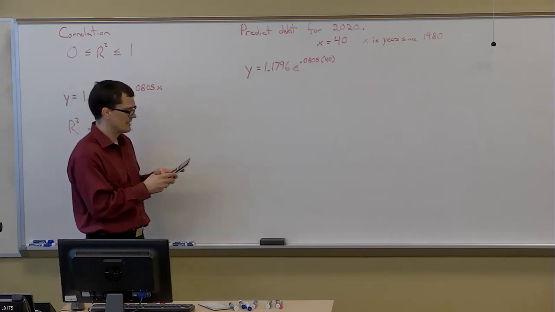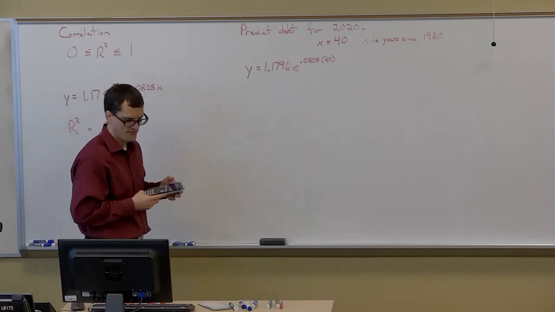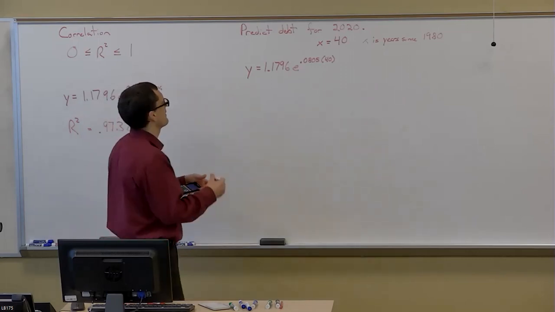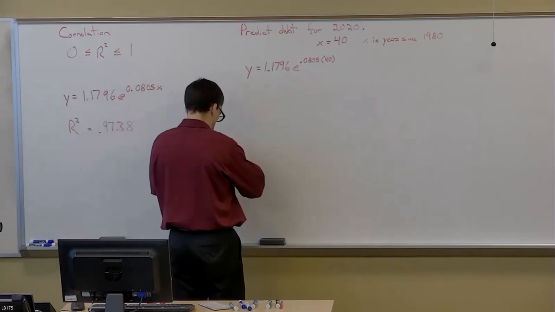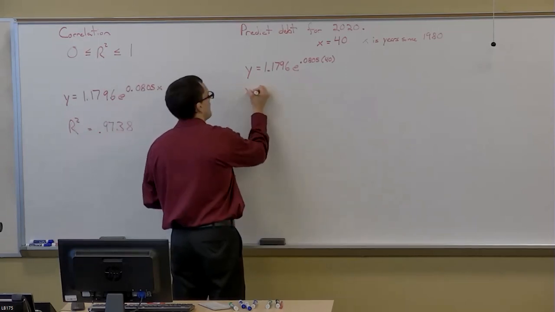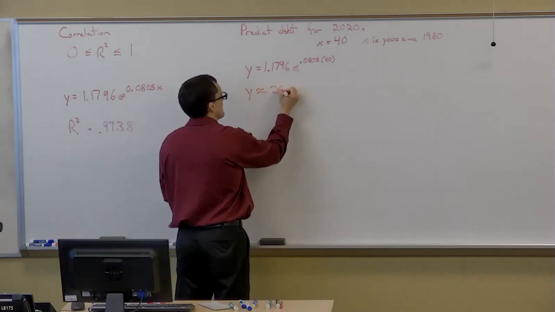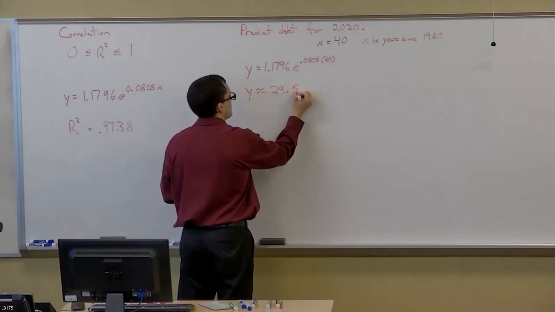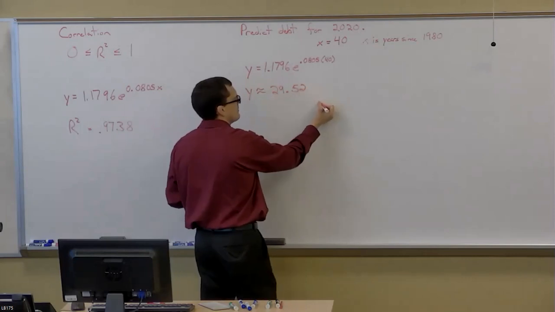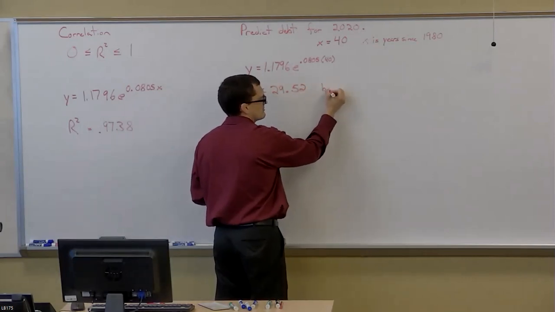I'm just plugging it into my calculator. I get a debt of approximately, I'll round this to two decimal places, 29.52.